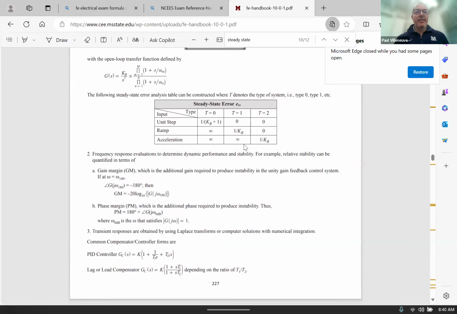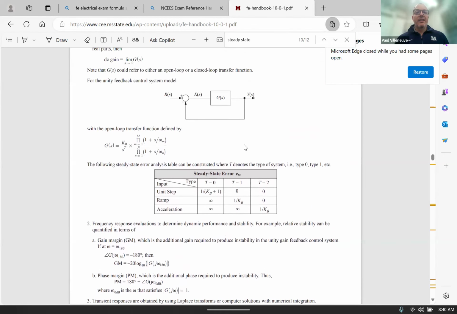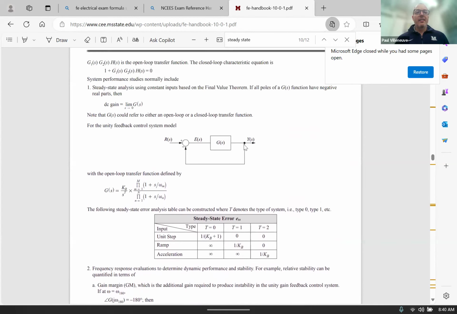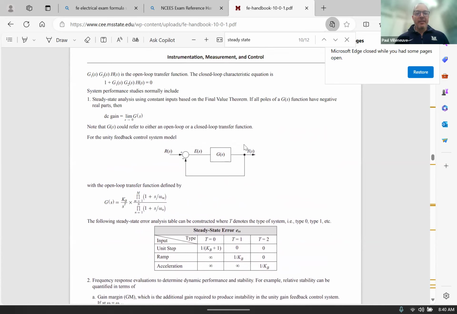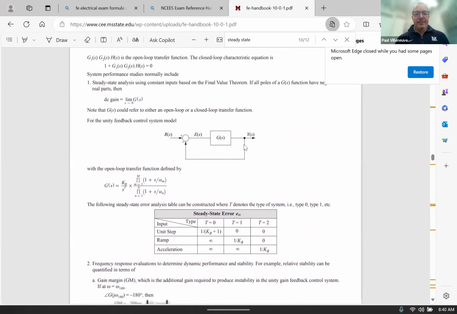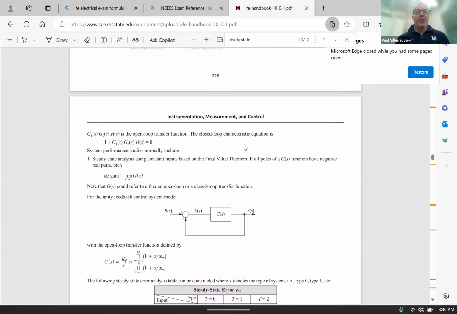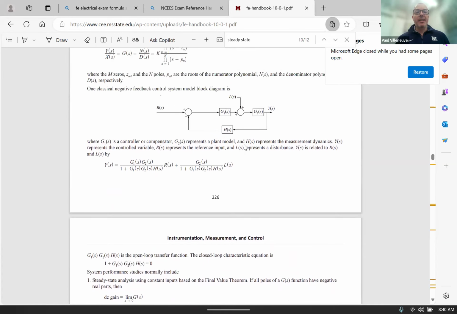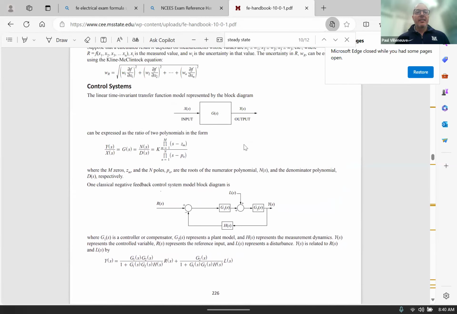And the problem is it doesn't show you how to calculate k sub b.